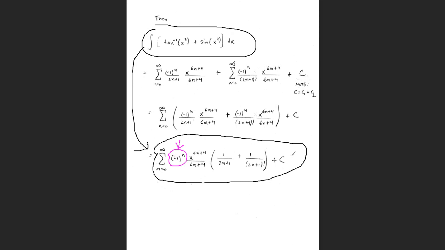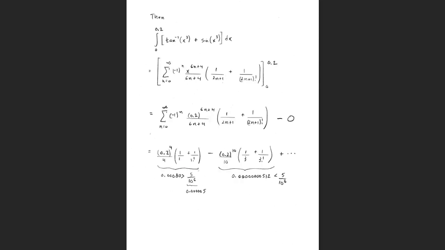Okay. All right, so now it's time to evaluate our definite integral. The definite integral goes from 0 to 0.2. I'm just going to substitute that in for x in my power series.